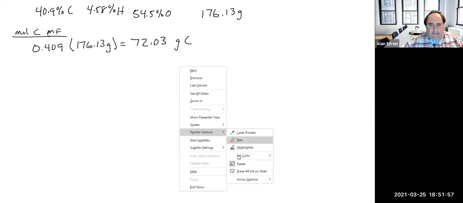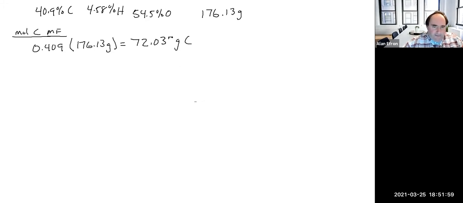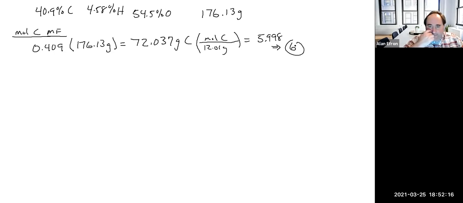And since that is how many grams of carbon, we then can convert that into how many moles of carbon would be in our molecular formula in this case. And that moles of carbon is about 5.998, which is close enough to round to 6 moles of carbon.